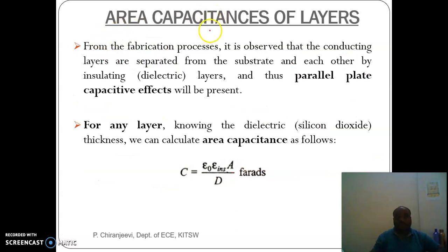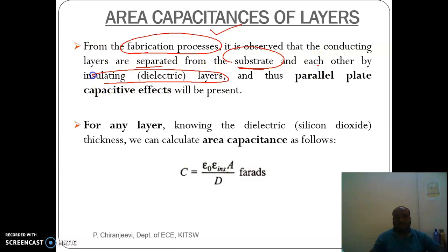Area capacitances of layers. While learning the fabrication process, we observed that the conducting layers are generally separated from the substrate and from each other by insulating layers, that is dielectric layers, and thus they form parallel plate capacitive effects.